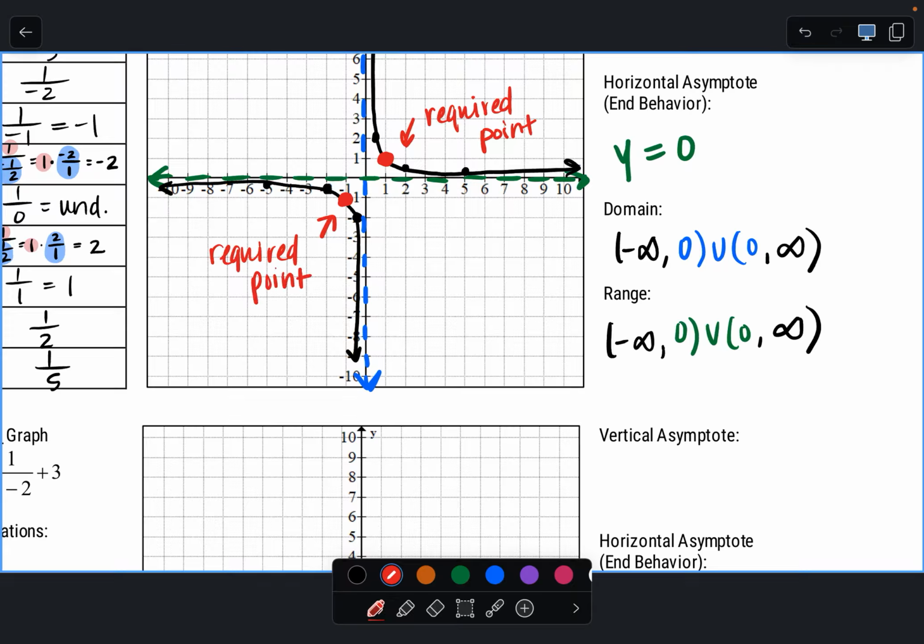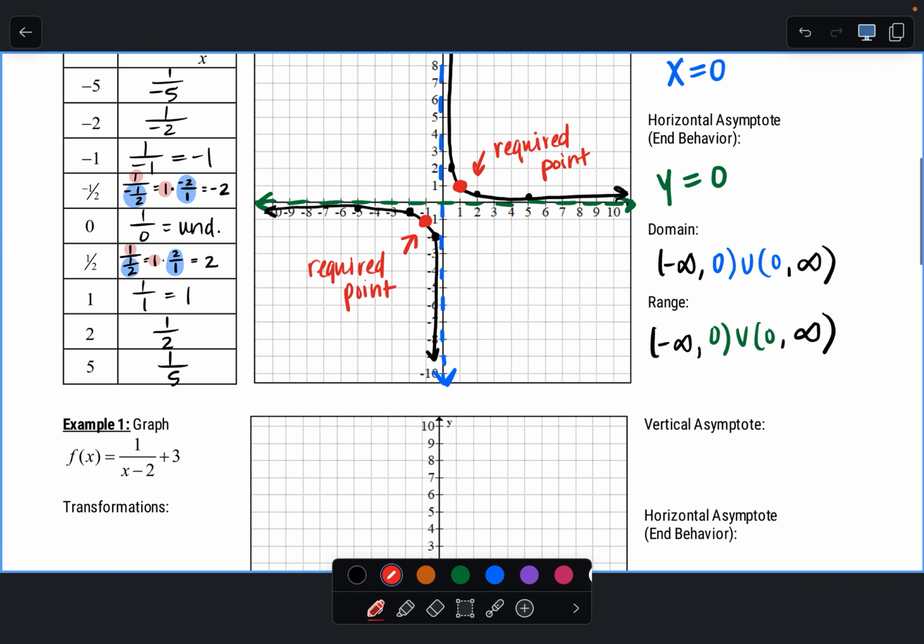So, other things that are happening. We have a -4, we have a +2, and that is basically going to move my graph to the left 2, and down 4.